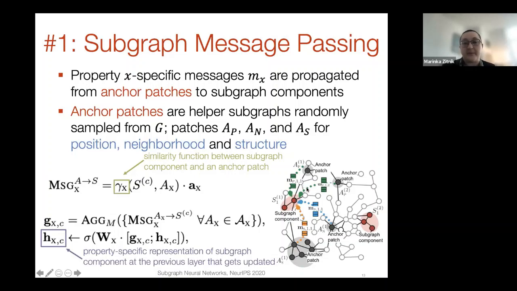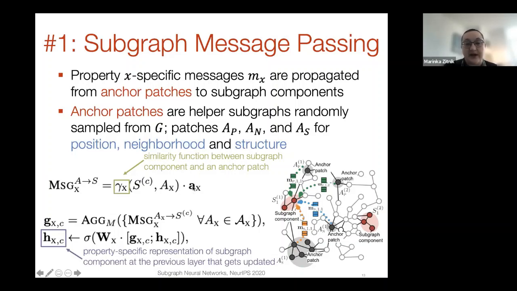We have distinct types of anchor patches that are designed specifically to capture position, neighborhood, and structure. The first of the three formulas shows how neural messages are sent from anchor patches A sub X. A sub X would be a patch that is sampled to capture property X. When that patch is sampled from the graph, it is embedded.